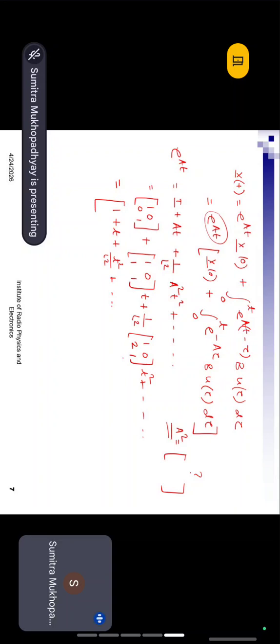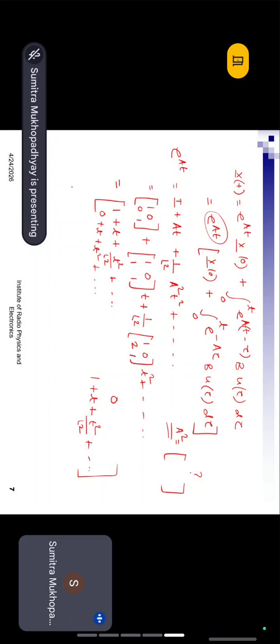All the zeros added, so it is 0. The third one is 0 plus t plus t square, like that. And the fourth one is 1 plus t plus t square by factorial 2, like this.